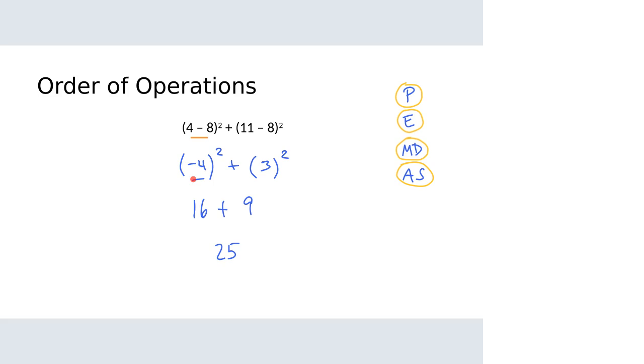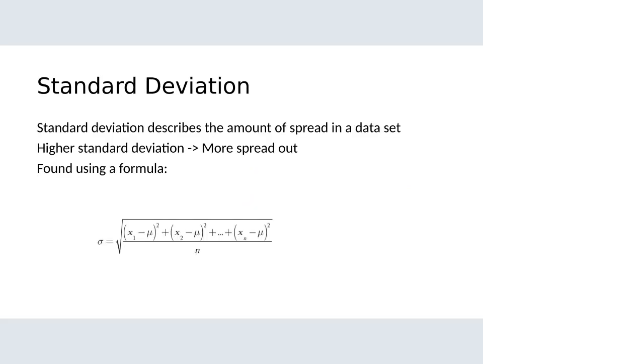Where we're going to see this type of work is when we're finding what's called the standard deviation. The standard deviation tells us how spread out a data set is. Are the data points really close together, or are they really spread out? The standard deviation is sort of a measure of how spread out they really are.